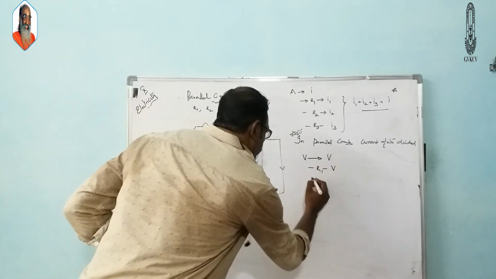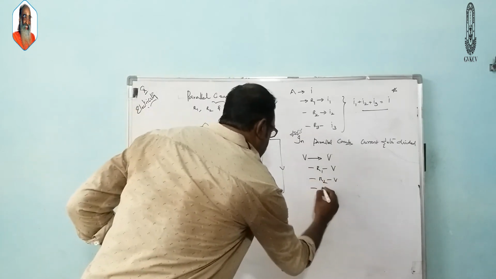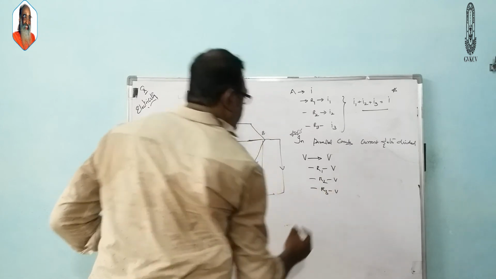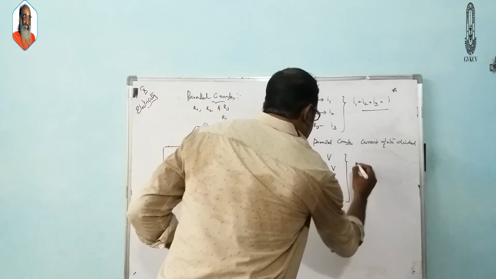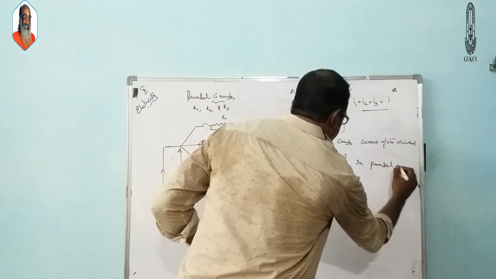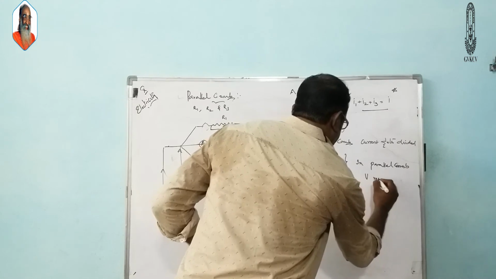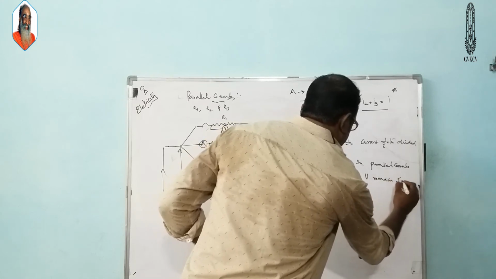So it is also V. At R2 it is also V, and at R3 it is also V. That means in a parallel combination, V remains the same.